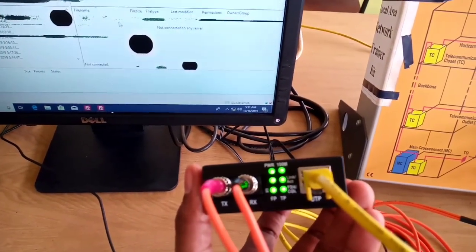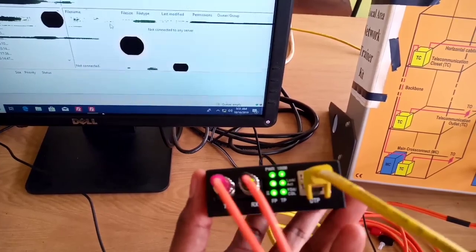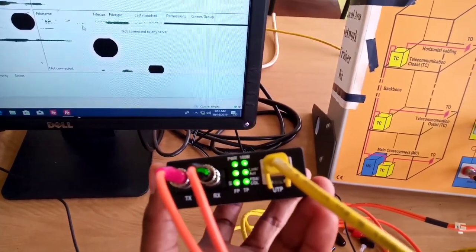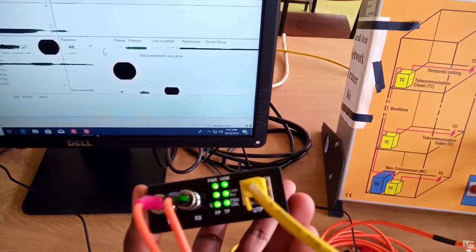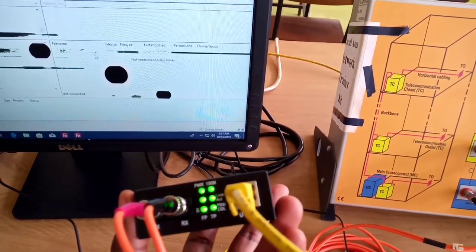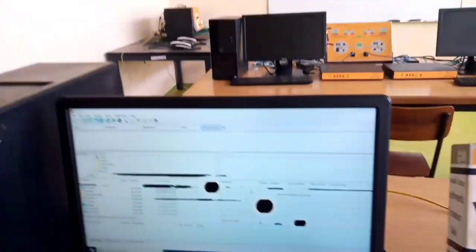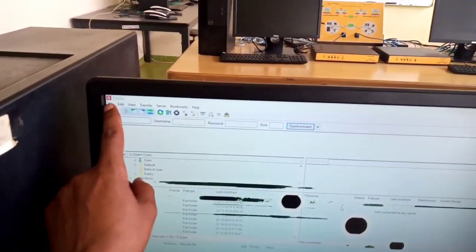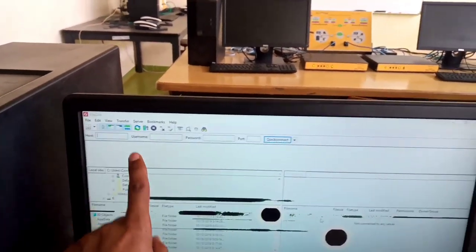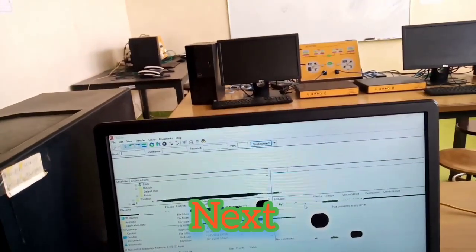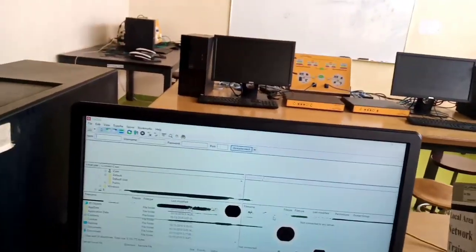From these 6 indicators, displayed light means it is okay and working functionally. After that, by using this FileZilla application software, we can share data from client to server and server to client.